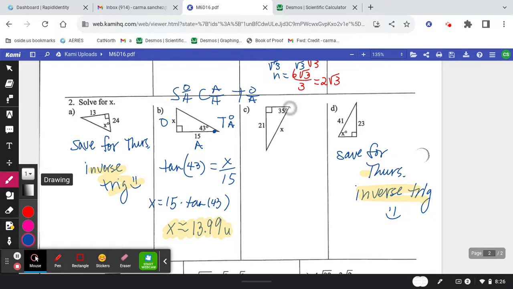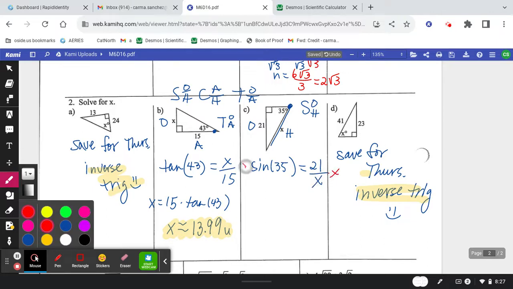Okay, next one, I'm looking for a hypotenuse. And if I'm standing at the 35, this 21 is the opposite side. Which trig function uses the O and the H? You got it. It's a sine function. So sine of 35 is equal to opposite over hypotenuse. Okay, move that x up and divide by the sine. So this is the divide kind when you do your Desmos calculation.